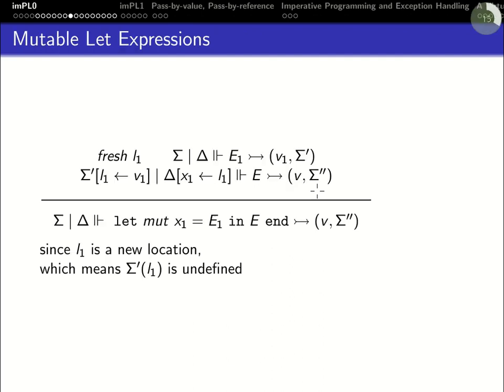And by the way, x is still inside there. The location L1 still exists in there. The mapping from x to L1 doesn't exist anymore because it's out of scope. Is that clear? So this mapping disappears when we're here, right?